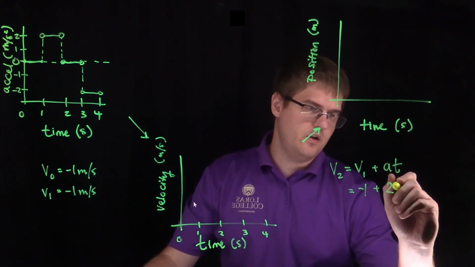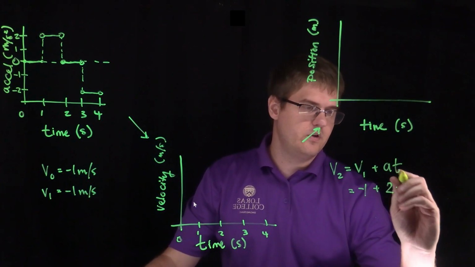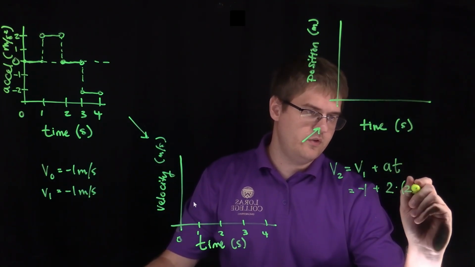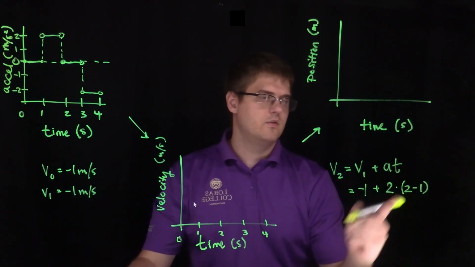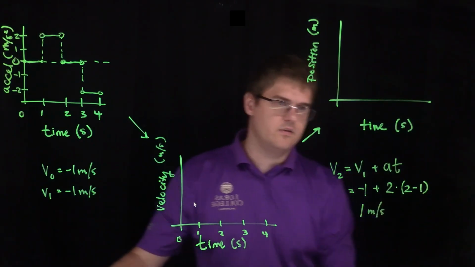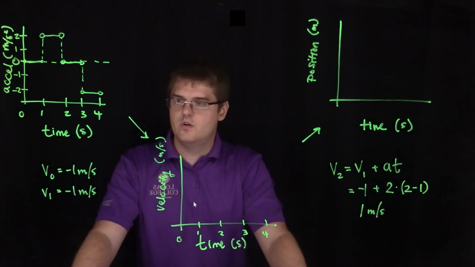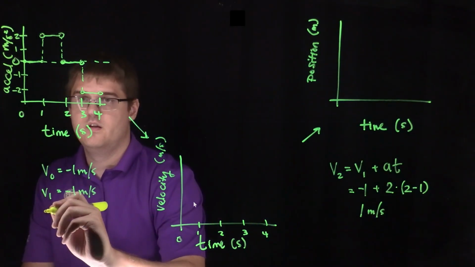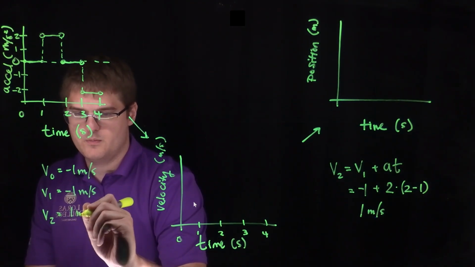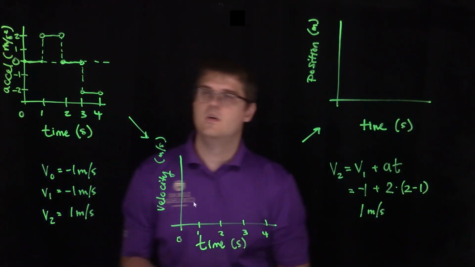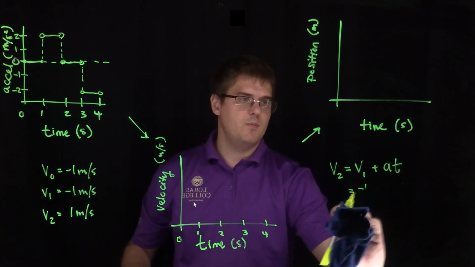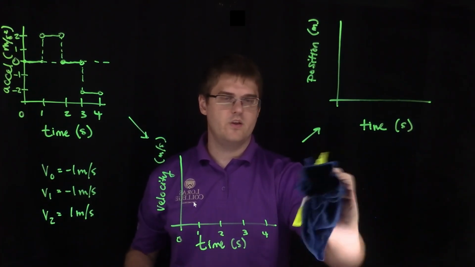So that is good. 2 times time, which is 2 seconds minus 1 second. So that's 1. So this is a velocity of 1 meter per second. Perfect. So velocity at 2 is equal to 1 meter per second. Hopefully we can see that velocity at 3 is still going to be 1 meter per second because we have no acceleration there.